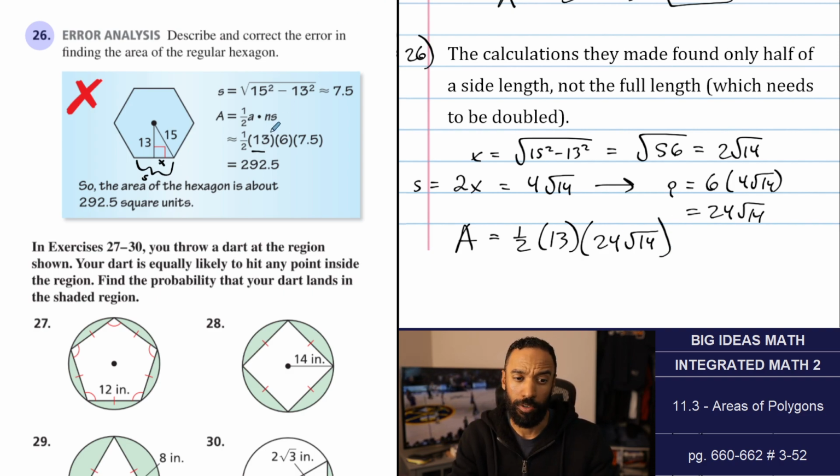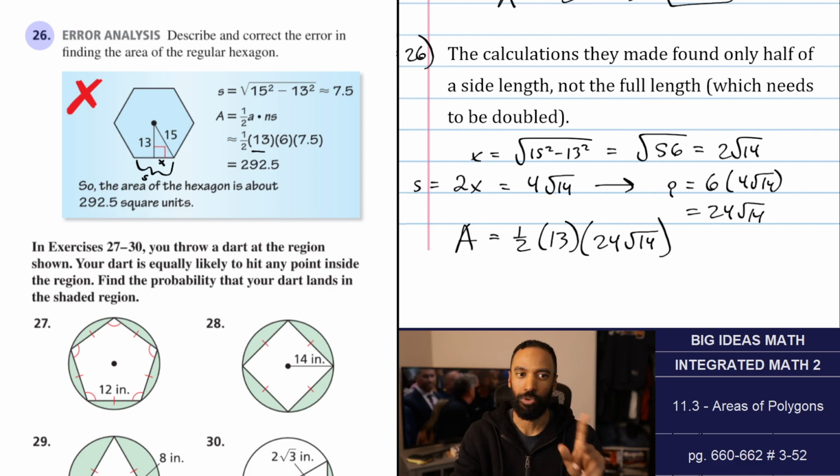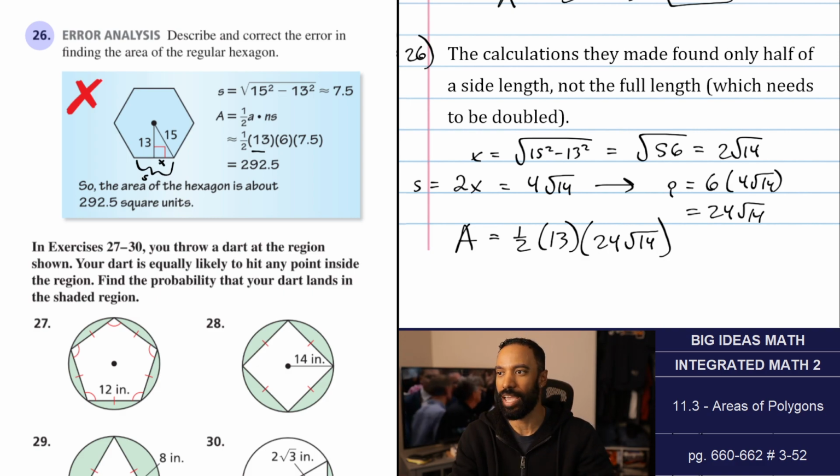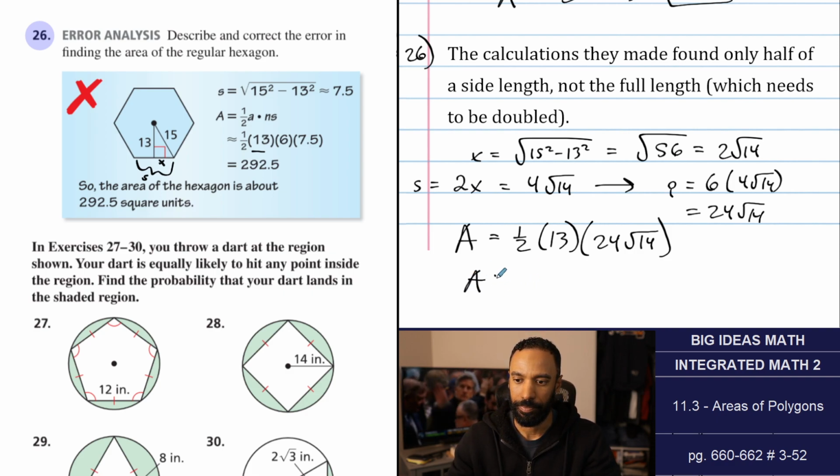They got 292.5. I think we're going to get about 595. So, half of 13 times 24 root 14. 585, excuse me. So, this is a rounding early issue. 583.69, 583.7.